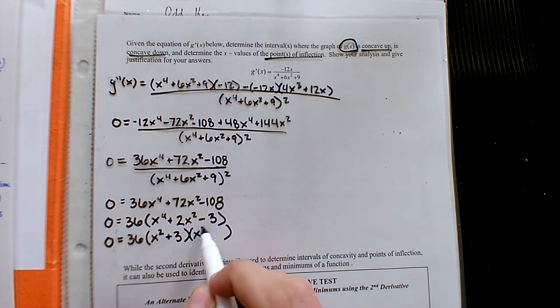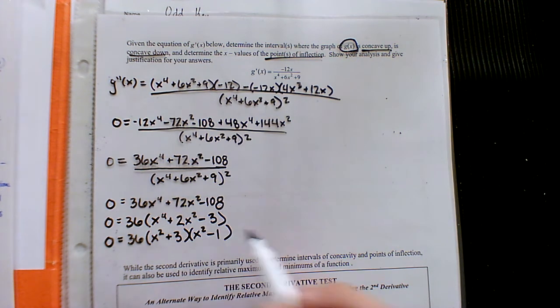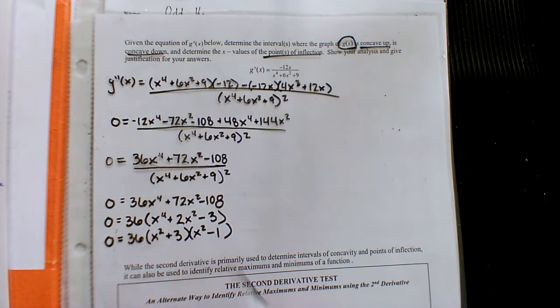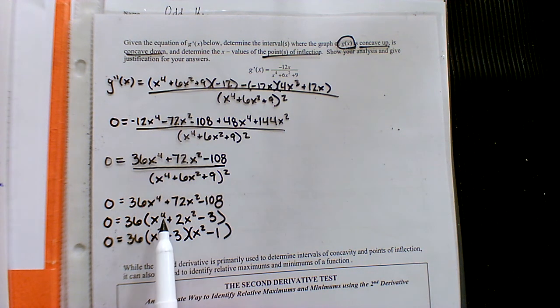We're used to factoring if it's a quadratic, right? Power of 2. So if this 4 was a 2 and this 2 was a 1, you could easily factor it. Two numbers that multiply to -3 but add to 2. Since it's a 4, in the factors we would need an x squared and an x squared, because if you do the FOIL process to expand it, x squared times x squared would give you an x to the 4th.